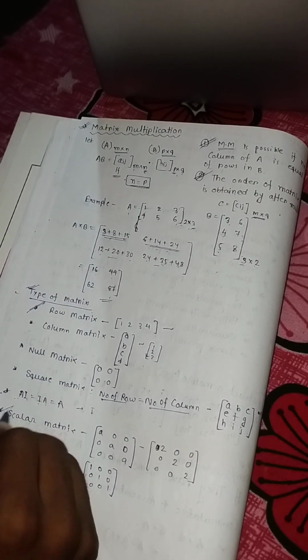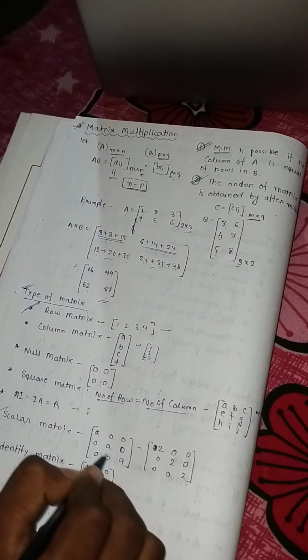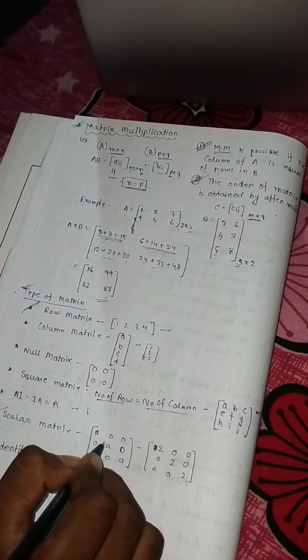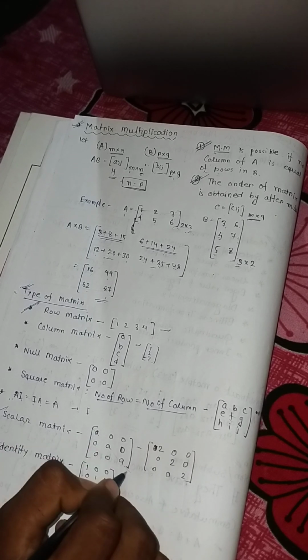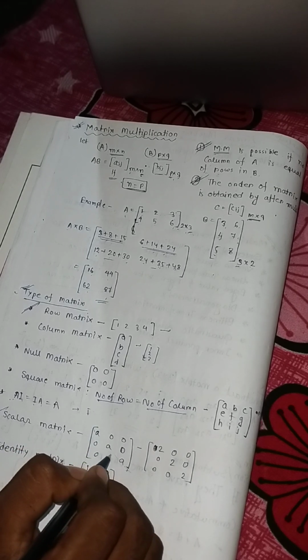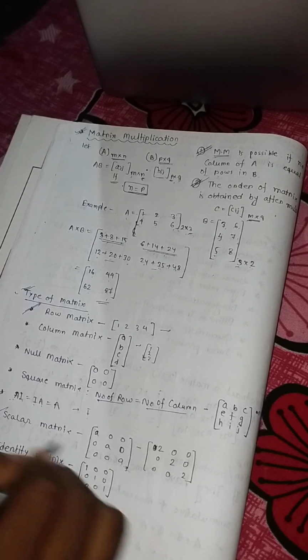Now, scalar matrix. What is a scalar matrix? If in a matrix all the elements are 0 except the principal diagonal, and the principal diagonal elements are the same, then it's called a scalar matrix.